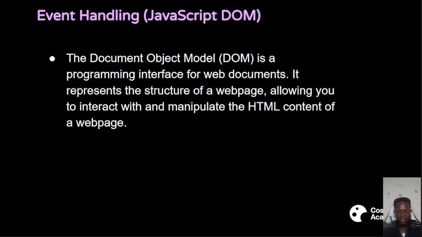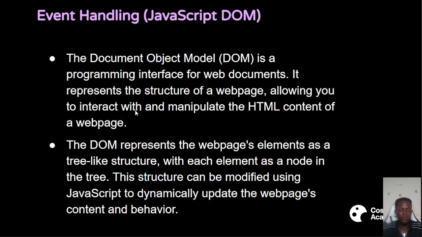It represents the structure of a web page, allowing you to interact with and manipulate the HTML content of a web page. It's more like a representation of the web page, from the head to the body, so that you can access them from JavaScript. So that is what document object model means.